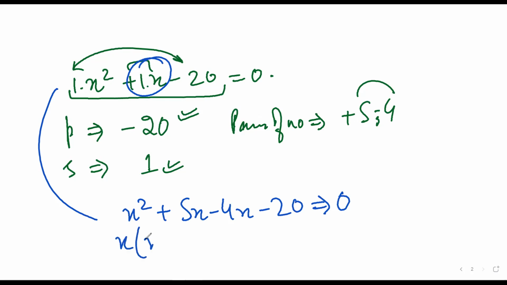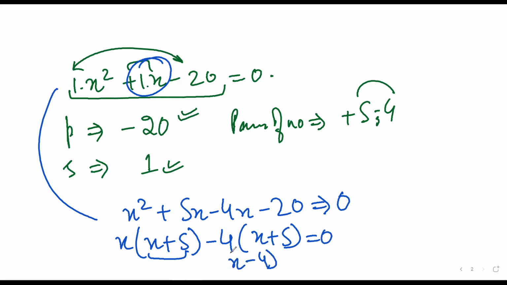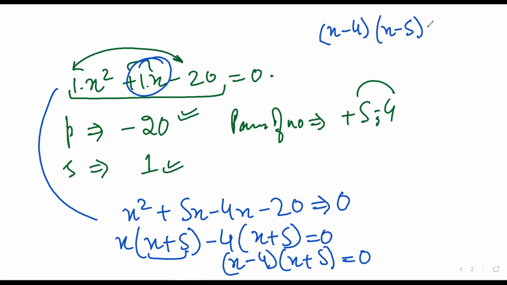So, x would be the common factor. I will repeat this x plus 5 here. I will write minus 4 here. So, x minus 4 into x plus 5 is equal to 0. Mr. Sarthak, any doubt? No. And then we just take one more step. See, this is anyways the factorization we have already learned how to do.